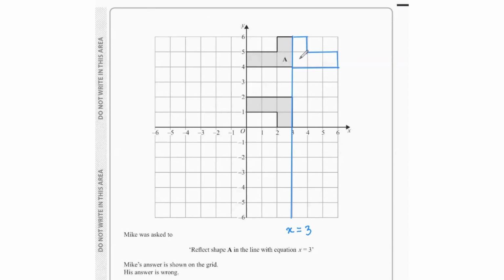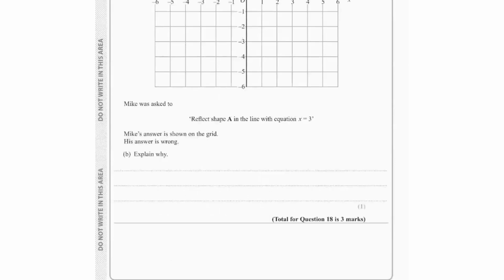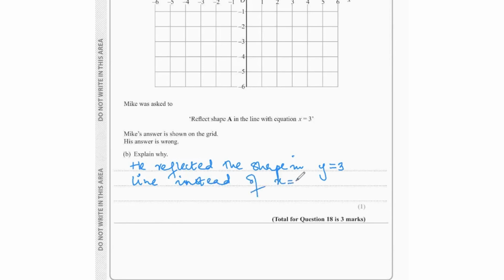This is the correct shape. He reflected the shape in y equals 3 line instead of x equals 3.